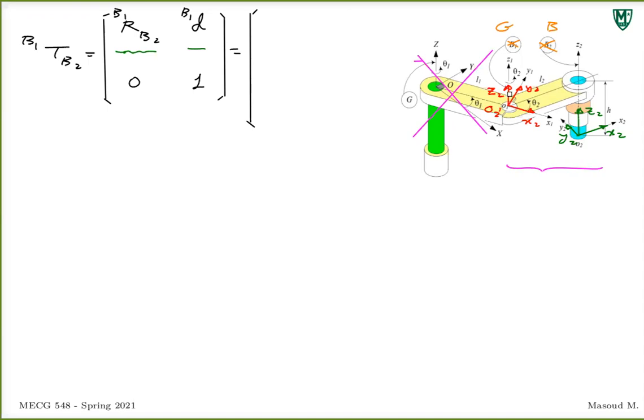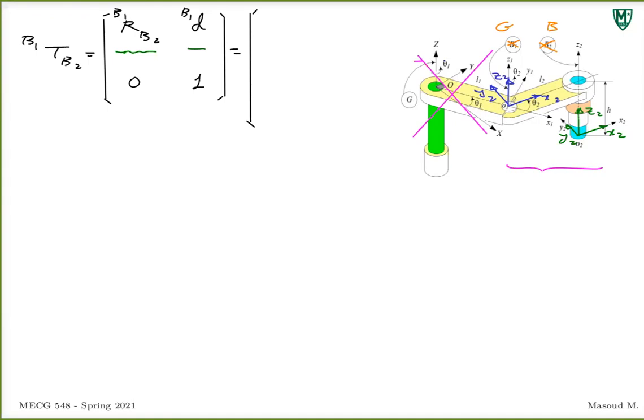Now, if I rotate it theta 2 amount, it's going to end up being here. This is where it ends up. See if you can imagine that. So this is going to be x2, y2, z2.